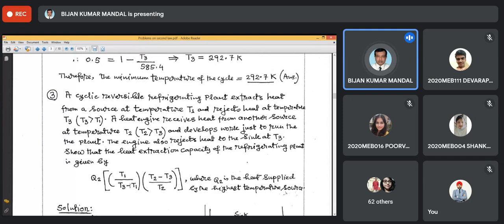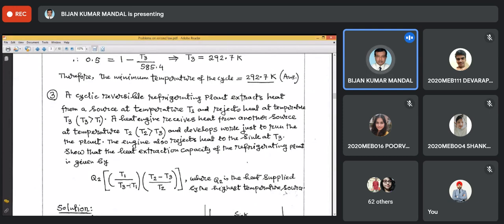A heat engine receives heat from another source at a temperature T2, and that T2 is greater than T3, and develops work just to run the plant. What does it mean? That means the power developed by the heat engine will be completely utilized by the refrigerating plant.